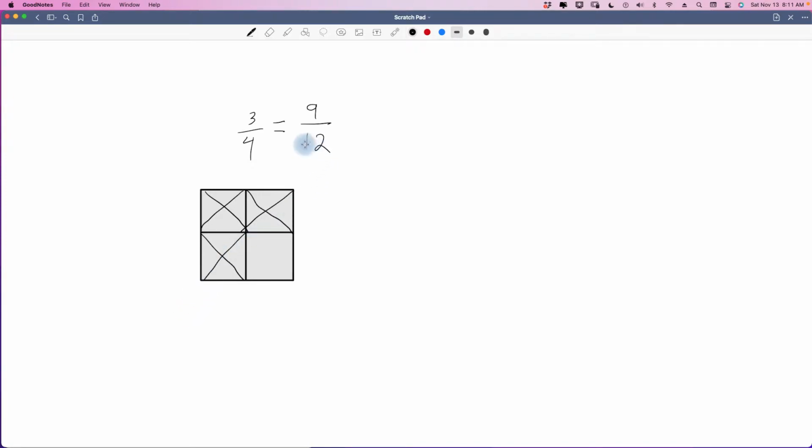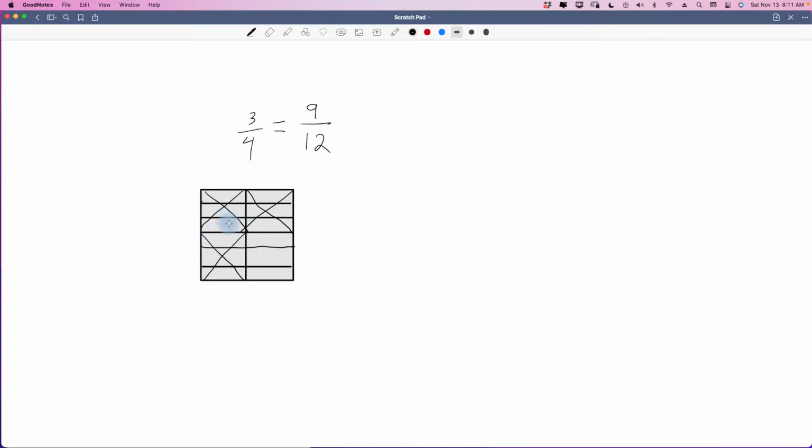But now we need to have 12 pieces. We're going to multiply that by 3 to get 12 pieces. So what we're going to do is divide each row into 3 little rows. So 1 and 2 divides that into thirds. And then 1 and 2 divides that into thirds, right?